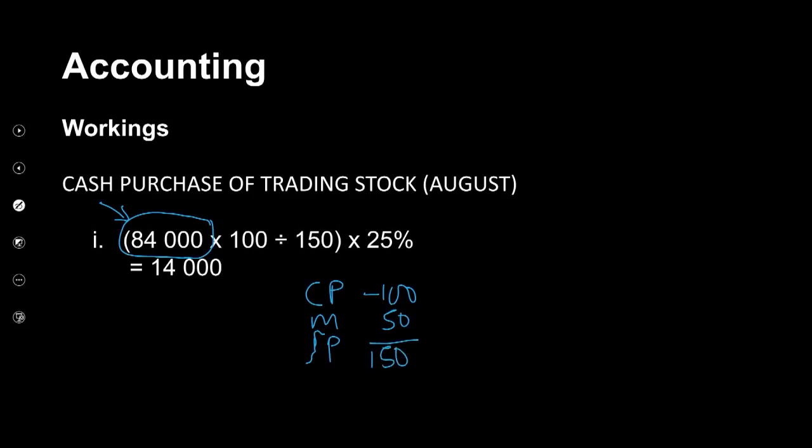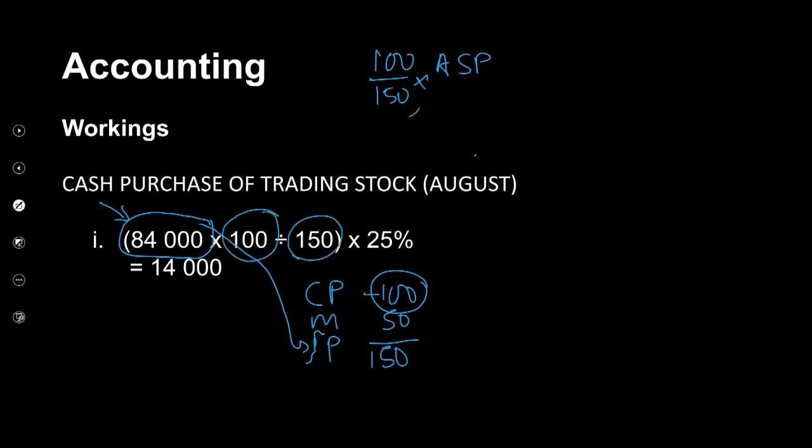So it's 84,000, which is my selling price here, and to determine your cost price, it's 100 over 150 times your actual selling price. So multiply by 100, divide by 150.